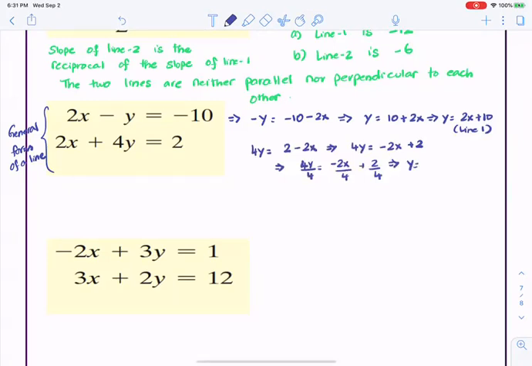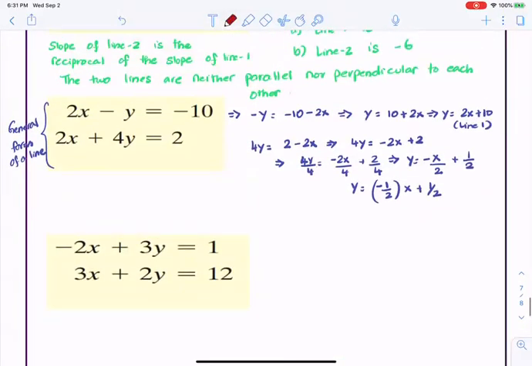Cancel the 2 out, so we have negative x over 2 plus 1 over 2. If I rewrite this, I could write it as y equals negative 1/2 x plus 1/2. So maybe I'll create a tiny little table here. So this is line 2.